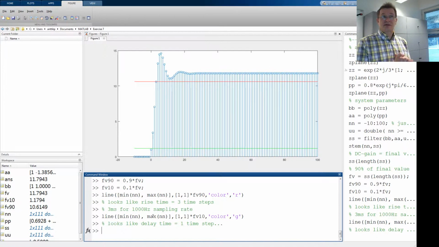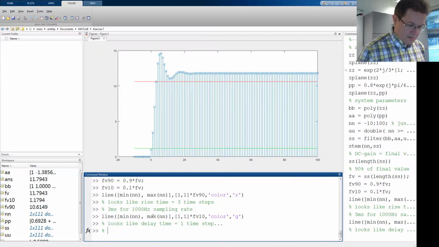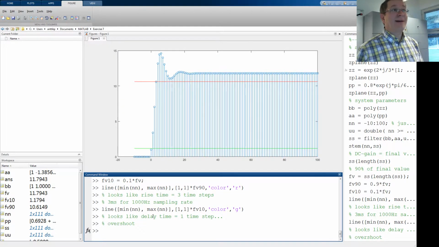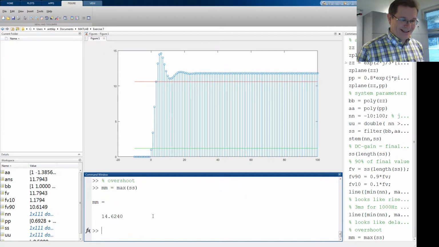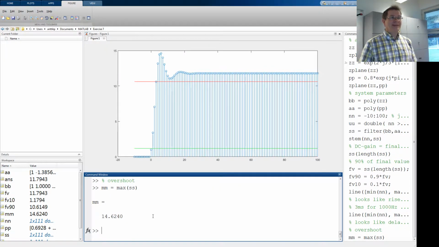Overshoot percentage. For that one, we actually find the maximum value. Maximum of SS. Yes, thank you. And this is not the value.